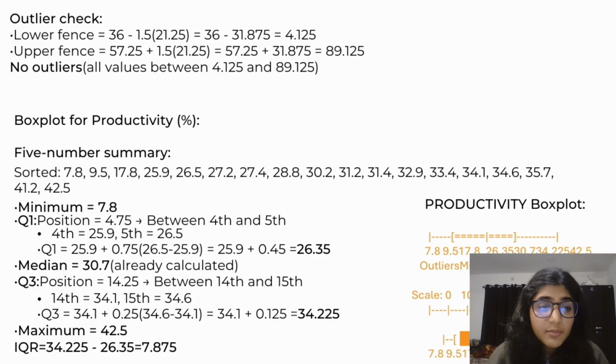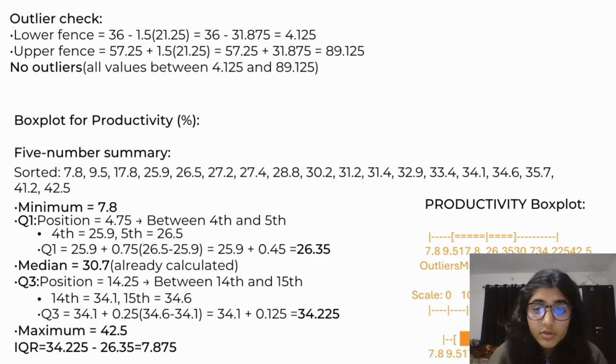So now we will see the box plot for productivity. Here also we need to calculate the 5 number summary. So the minimum we get as 7.8, the Q1 will be 26.35, median as 30.7, Q3 as 34.225, the maximum is 42.5, so the IQR will be 34.225 minus 26.35, which will be 7.875.